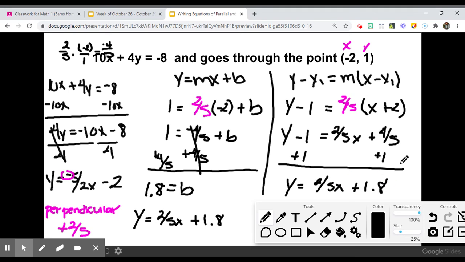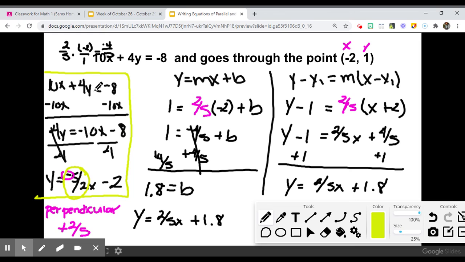So again, in some cases today, it may be requiring you to solve for y before you are able to put it in point slope form. So if that happens, I'm just going to highlight this part here in yellow. You may need to do some solving for y before you figure out the line with the given information, because you need to get the slope, which is right before x.